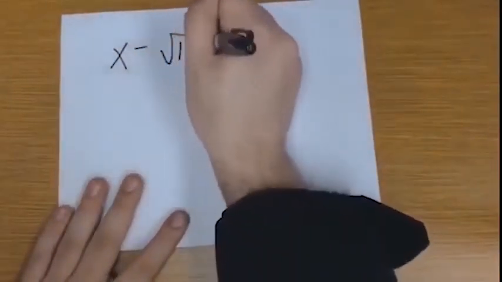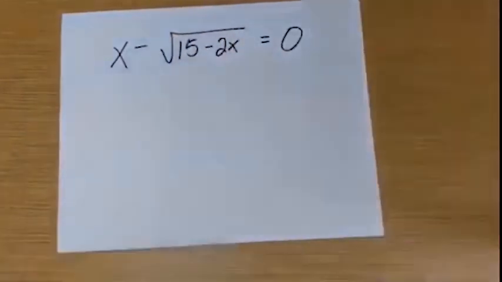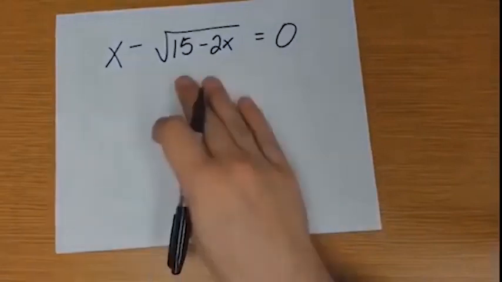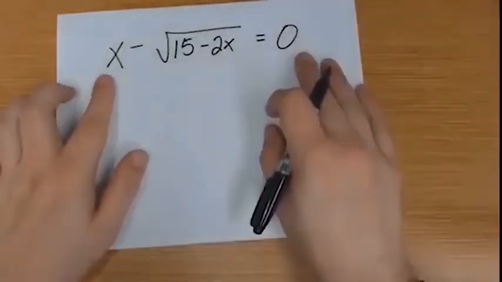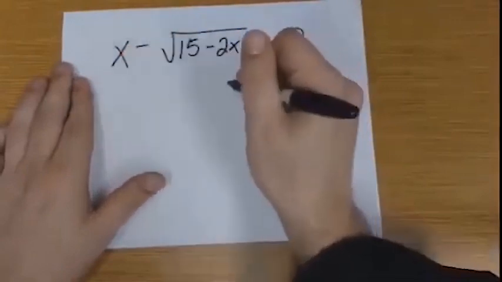X minus radical 15 minus 2x equals 0. So first, we want to get this radical by itself. Oh, look at that. We have 0 on one side.